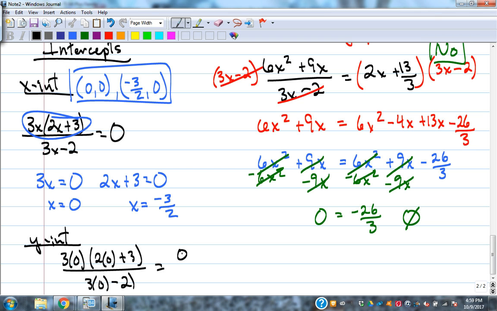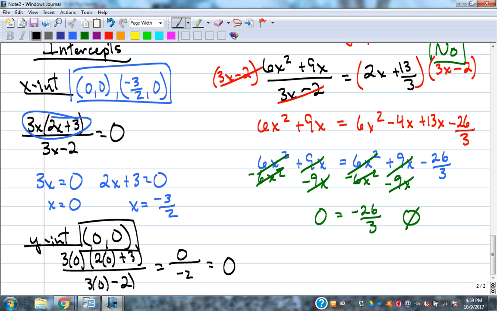That's just going to give us 0 over negative 2, which is 0. The y-intercept is the origin as well. Makes sense that it's the x-intercept and a y-intercept. That's the only place that it can be the same point. Okay? So here we have the x-intercepts, we have the y-intercept, we have an oblique asymptote.